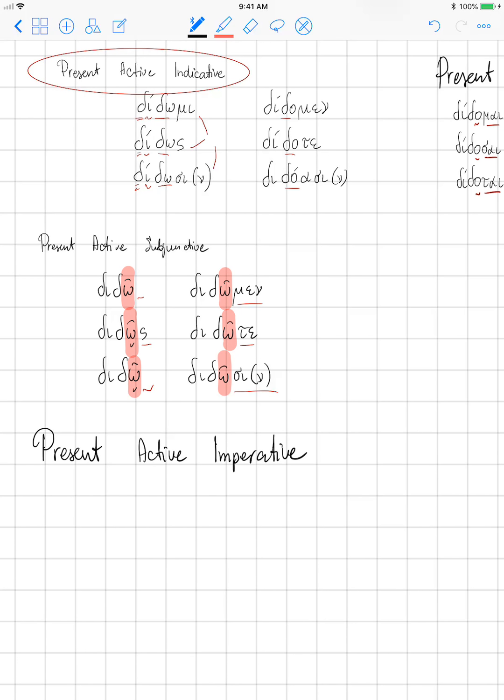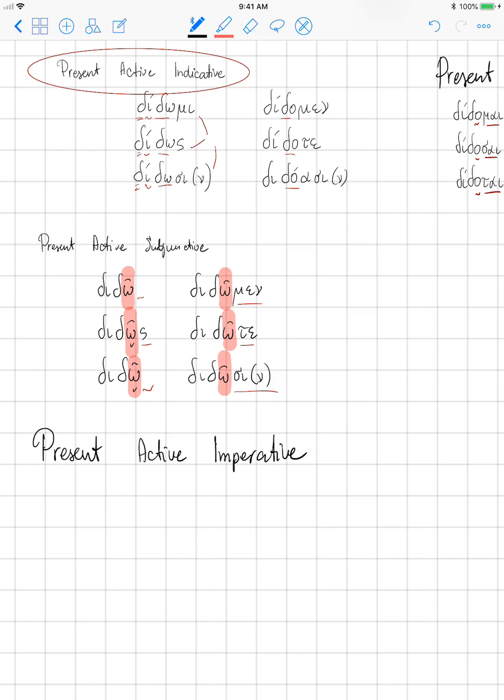So two persons and two numbers. Why? Because I don't technically command myself. If I command myself, I do it with the help of subjunctive, like, let us do this or that. It's cohortative. We use some different word in Greek class, but you get the point. So I can only command you, singular or plural, and Greek does command the third person, but it's like, let him do this. I'm commanding him, but he's not standing in front of me, so I can't tell him, you do this. No, let him do this.